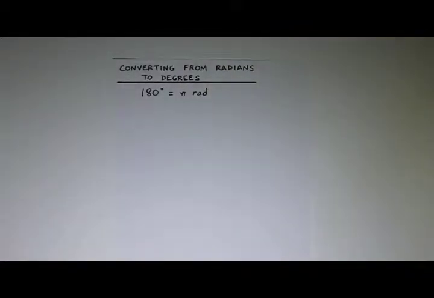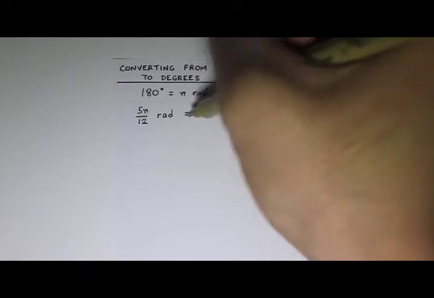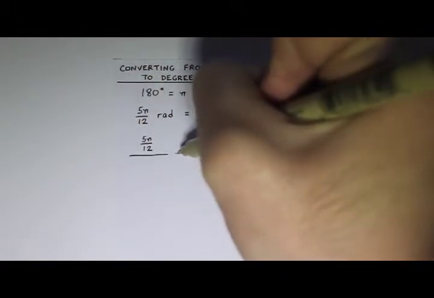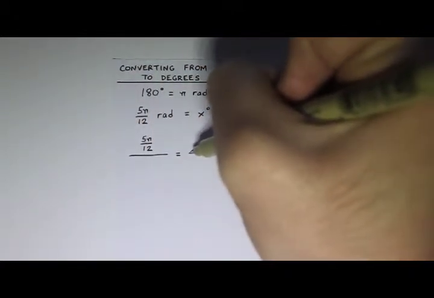Okay, so let's suppose we want to know 5 pi over 12 radians equals how many degrees. So we want to find x. Okay, so I'm going to do my ratio again. So 5 pi over 12 equals x.